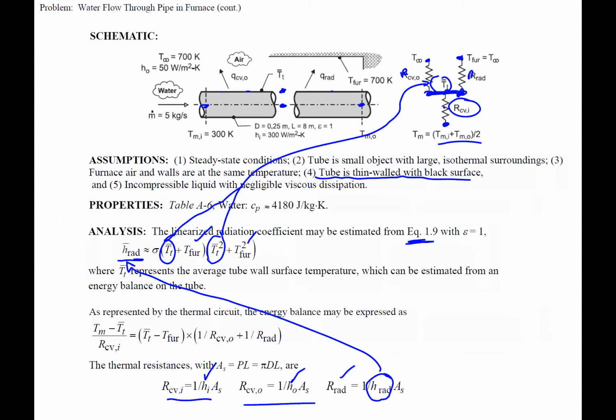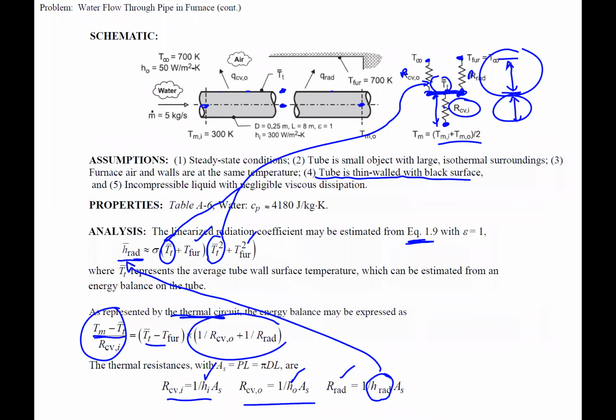And the tube temperature is solved from the thermal circuit. If we set up our equations of the thermal circuit, you have this temperature difference, and then you have this temperature difference. That's what you see here. This is the temperature difference right here, equal to the temperature difference on this side and the resistors from it.